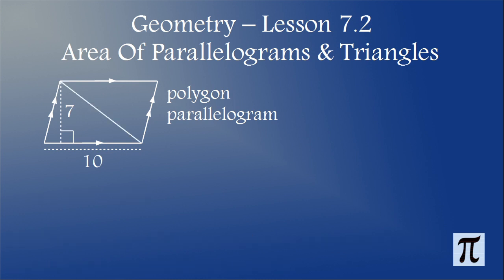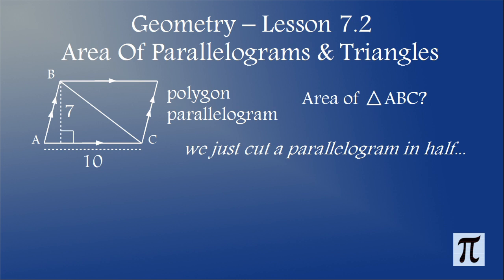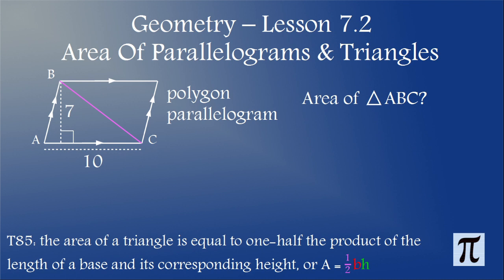Next, let's cut this in half with a diagonal across the parallelogram and add some points, A, B, and C. Let's ask the question, what is the area of this new triangle, triangle ABC? Well, we just cut a parallelogram in half, and we know how to find the area of that. And that leads to theorem 85.